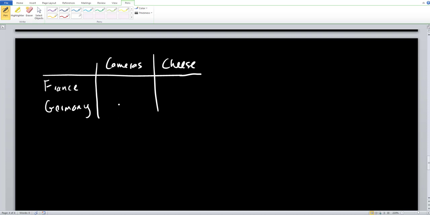So here we build up the table. We have the numbers that are being provided to us. We have 50 cameras and 100 cheese for France, and we have 200 and 300 for Germany. So we've essentially transformed the story problem into a production table, just using the numbers being provided to us. What is our next step from this? Our next step is to convert this into an opportunity cost table.